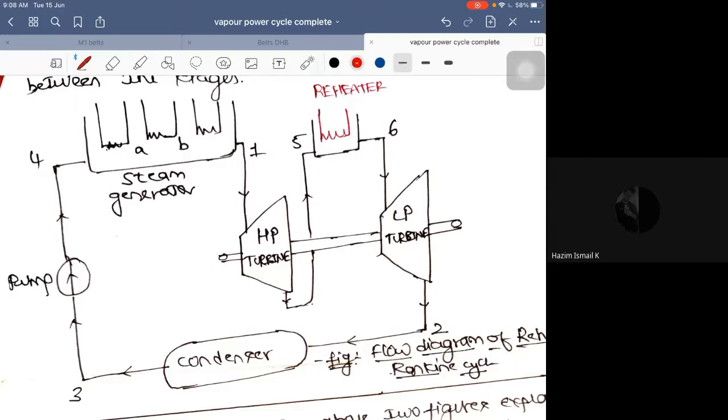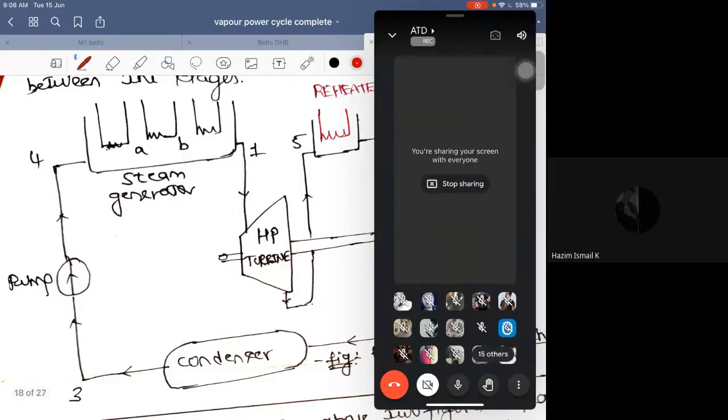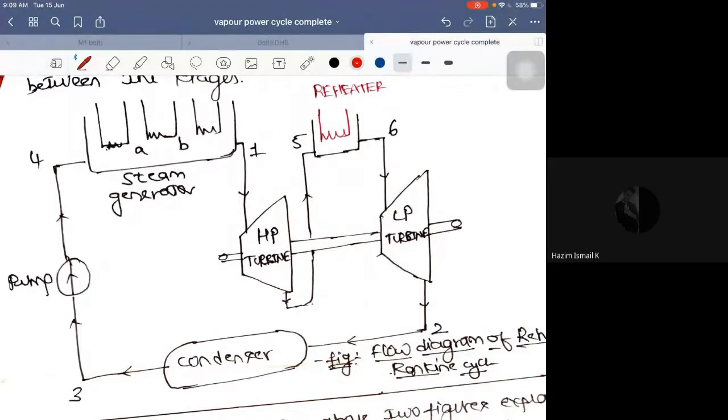So a lot of people, around 40 people, did not submit the assignment which was given to you as classwork for every class. I told you to draw the diagram and submit. So only 21 people have given that. Why? What is the reason?